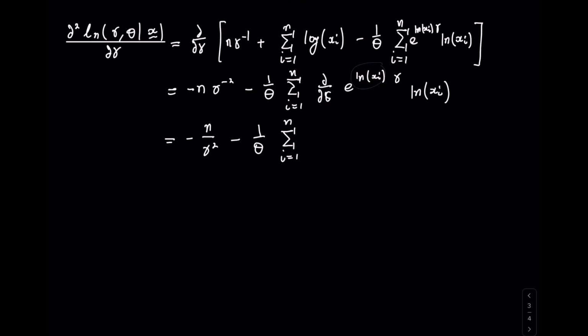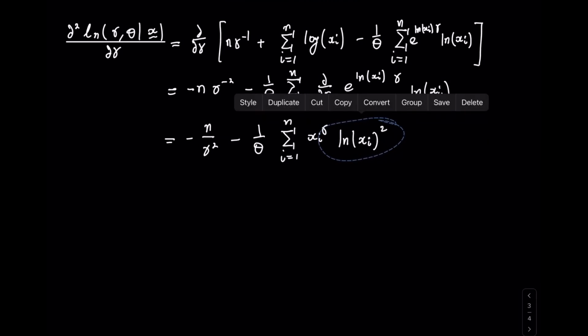We've already got the scaling factor out here once, so what we're left with is e to the ln xi gamma times ln xi, all squared, because we've differentiated twice. And then, of course, we can rewrite that e to the ln xi gamma simply as xi to the gamma. And there is our second derivative.